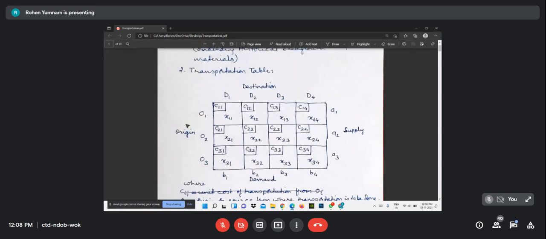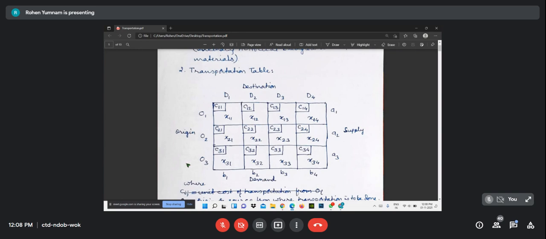This is the origin, and this is the destination. Origin means you can consider either a factory or an outlet. Say O1, O2, O3 are the origins, and D1, D2, D3, D4 are the destinations. Destination means the goods demands are coming from there, and from O1, O2, O3 supply will go to D1, D2, D3, D4.